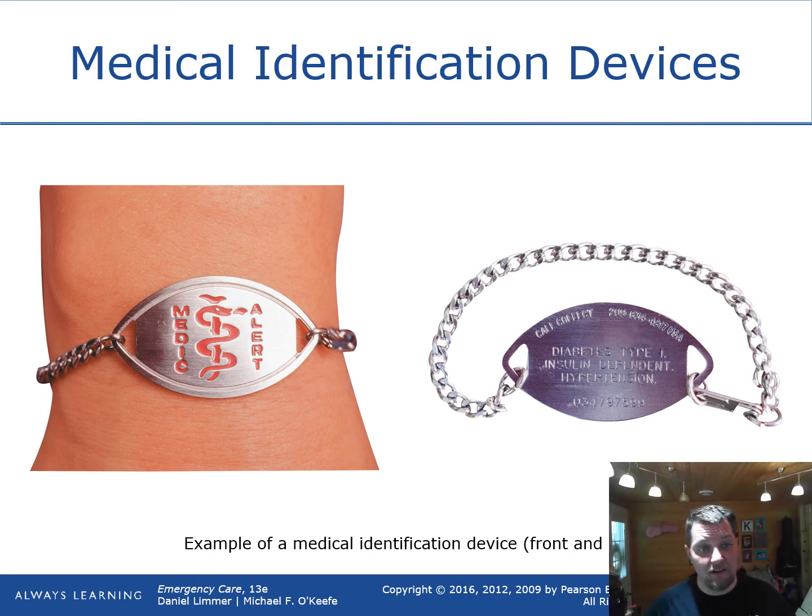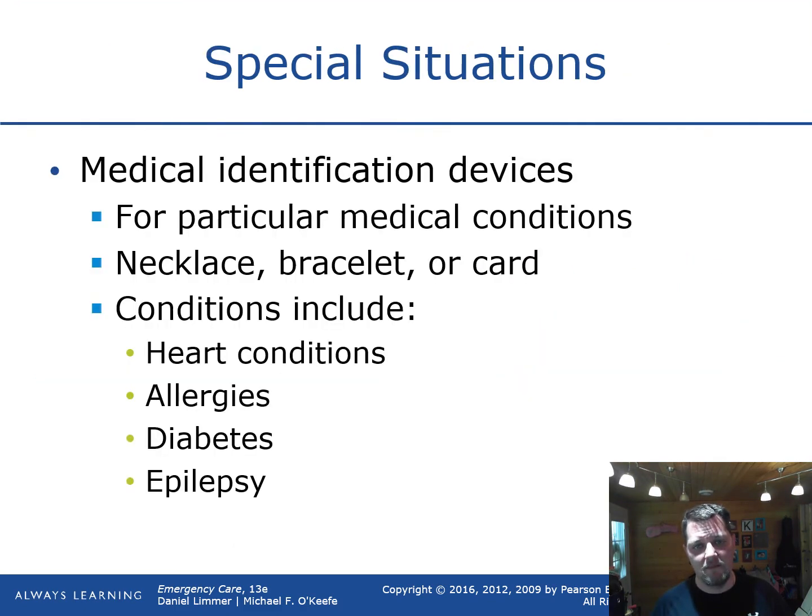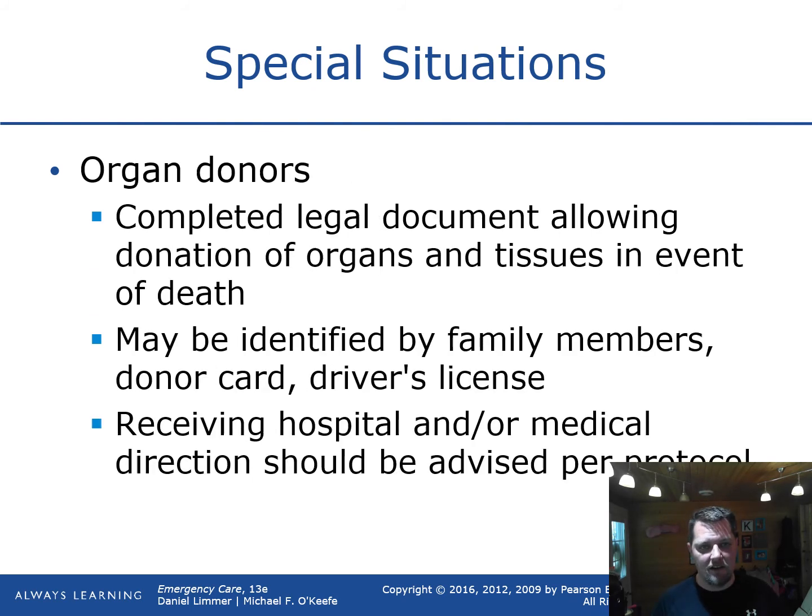So you've got those. For particular medical conditions, you've got the necklace, bracelet, or card. Sometimes if they have a card, it'll be for a pacemaker, defibrillator type deal. And their conditions include heart conditions, allergies, diabetes, epilepsy, those type of things.